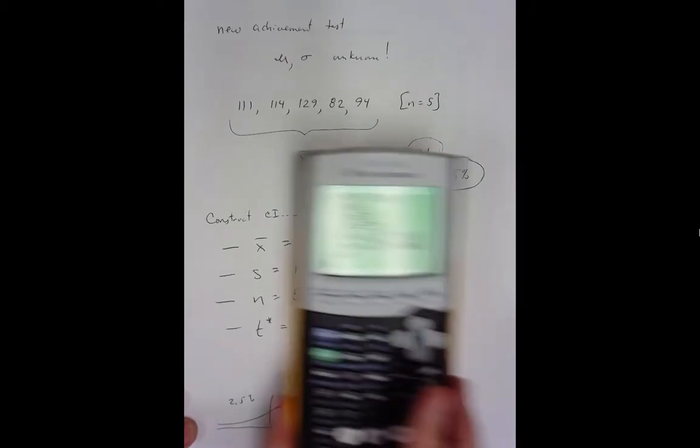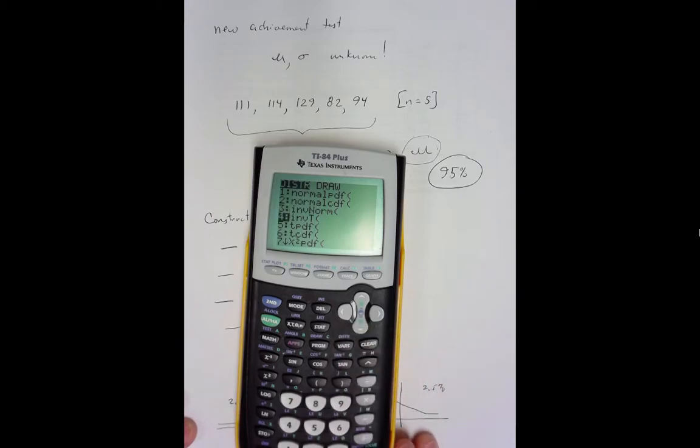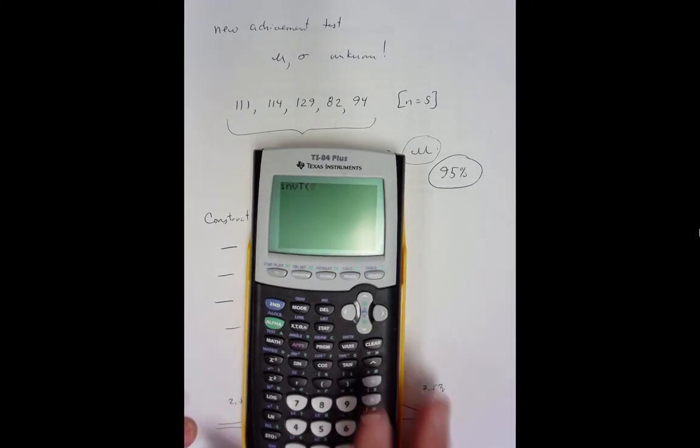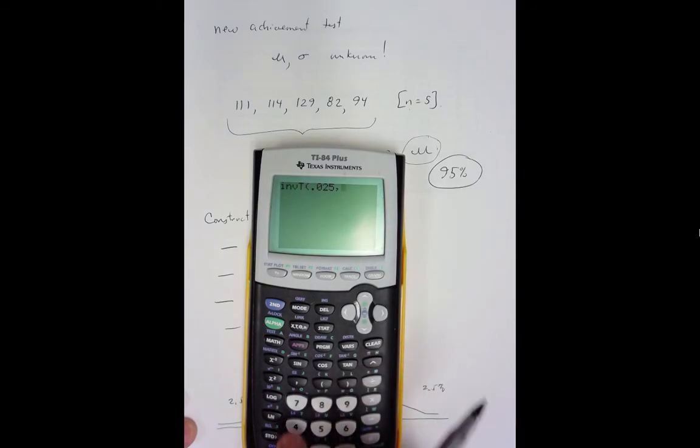Put it in our calculator. So what's half of 5%? 2.5% is the decimal 0.025. This thing is defined by our degrees of freedom, which is n minus 1. So we have negative 2.7764.